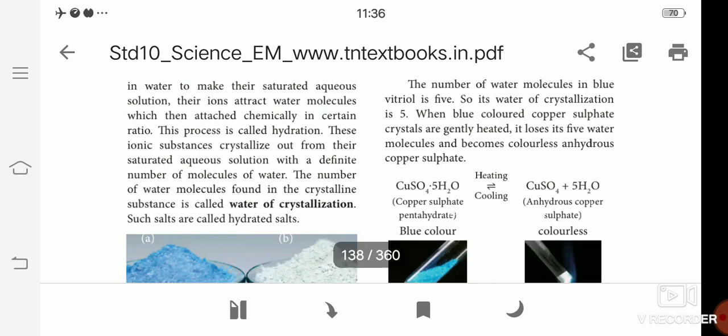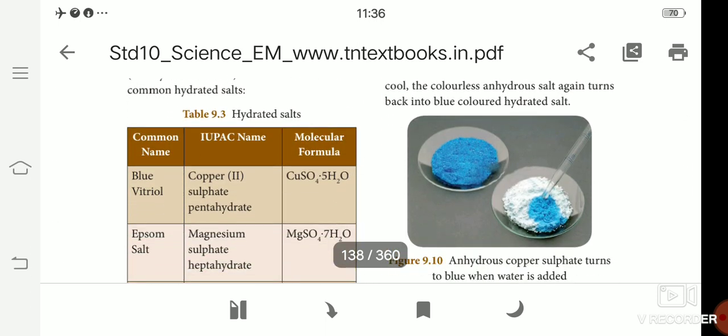First, blue vitriol is copper(II) sulfate pentahydrate. Penta means 5.